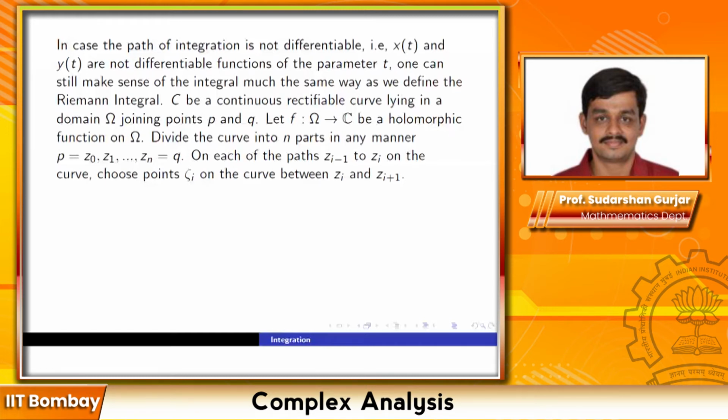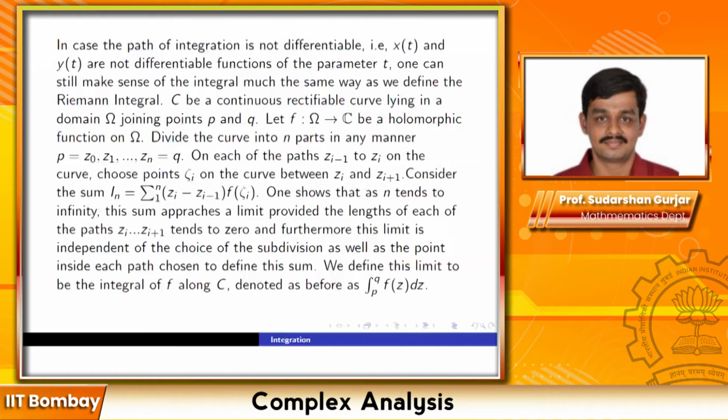Divide the curve into n parts in any manner, z0, z1 up to zn, and on each of the paths from z_{i-1} to z_i on the curve, choose a point zeta_i and consider this sum: summation of (z_i - z_{i-1}) times f of zeta_i. So zeta_i is some point in between z_{i-1} and z_i.